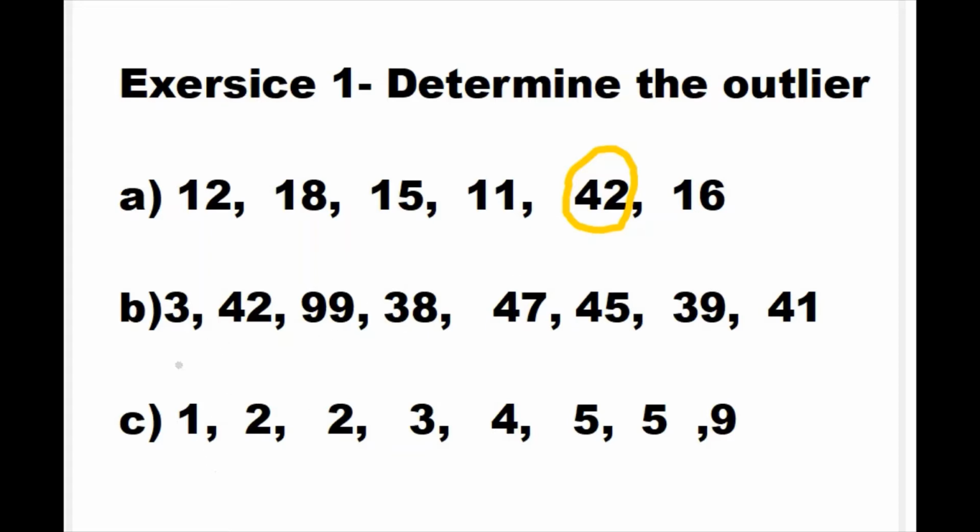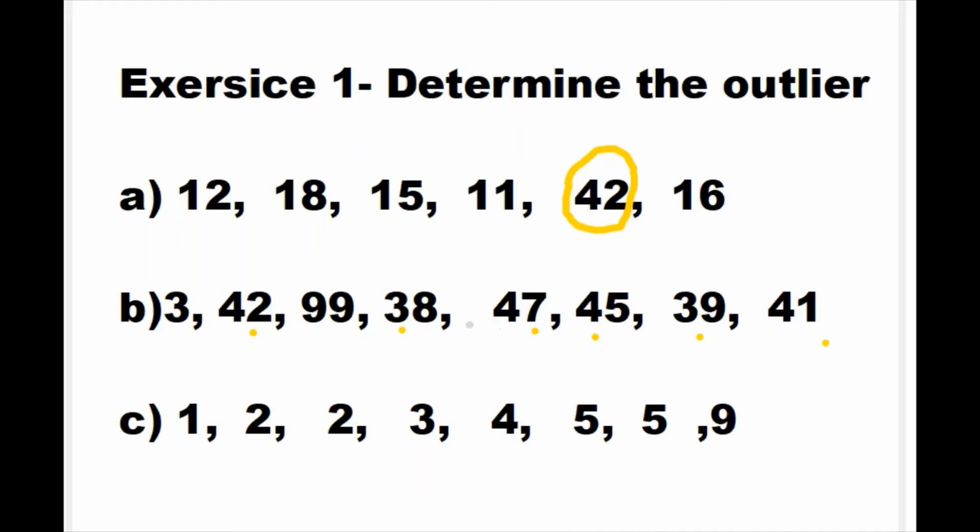Then we look at our second example. We have 3, 42, 99, 38, 47, 45, 39, and 41. We can see that most of our numbers are in the 40s, maybe 38 to the 40s.